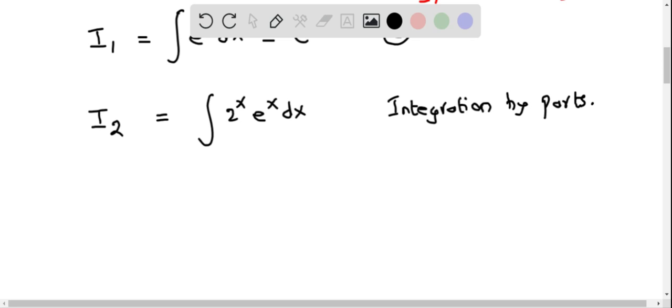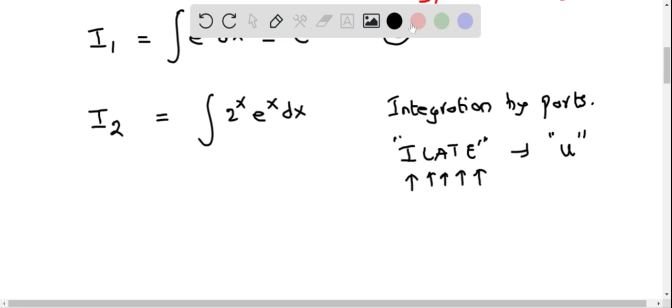In this method, we will have to first follow the ILATE rule, which actually stands for the inverse, logarithmic, algebraic, trigonometric, and exponential function, to choose the variable u.